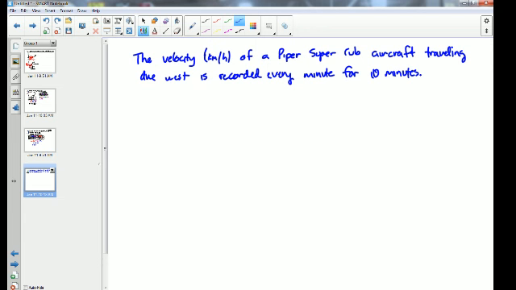You want to do a left or a right? Let's do a left. Use a left Riemann sum to estimate the distance traveled.